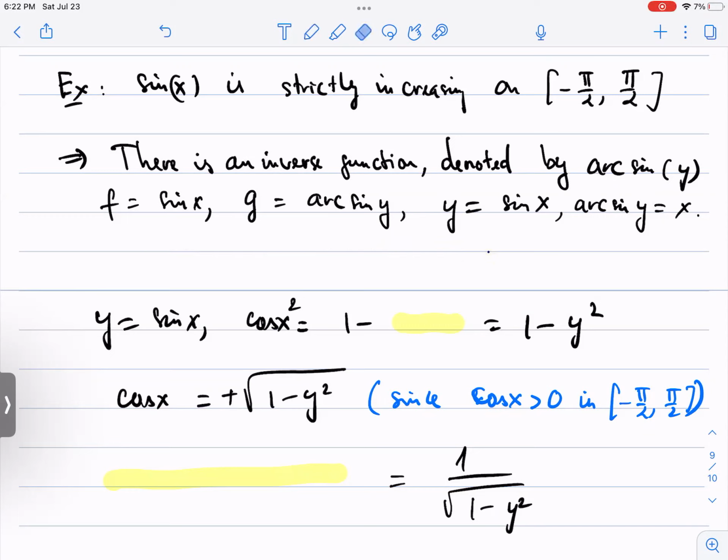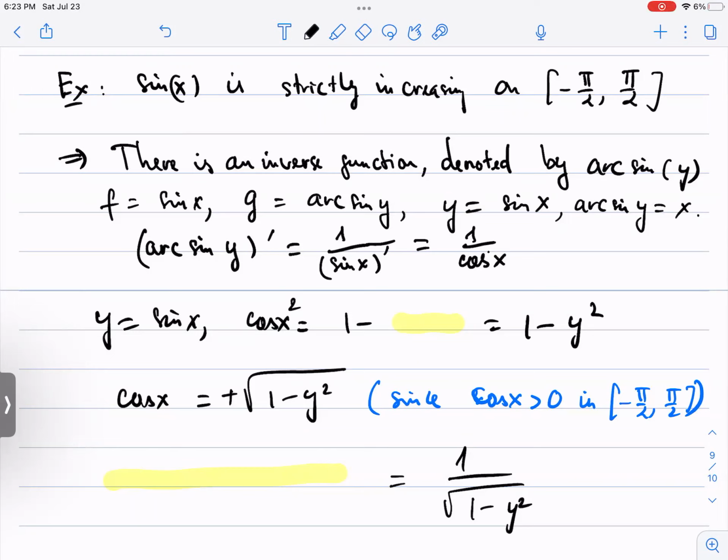And here, using the theorem above, we can compute that the derivative of this function is exactly equal to 1 over the derivative of the function sine of x. And the derivative of the function sine of x, remember, is cosine of x.